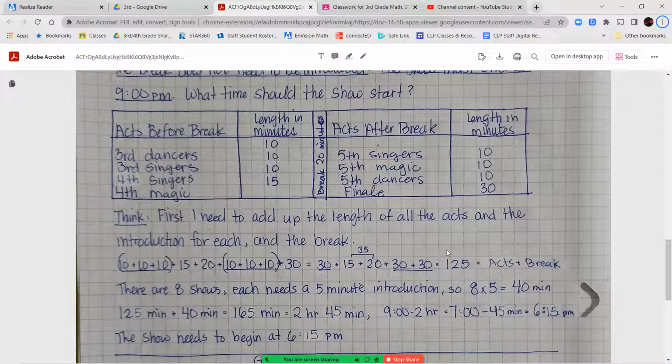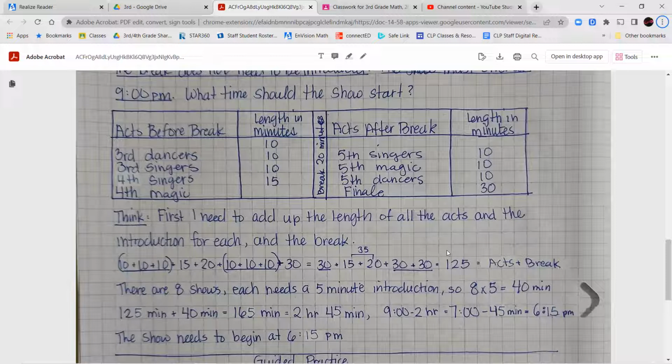Then I added the time for the shows and the time for the introductions and the time for the break all together. Sorry, 125 minutes plus the 40 minutes gave you 165 minutes, and that is equal to 2 hours and 45 minutes. Then I subtracted that from the end time.